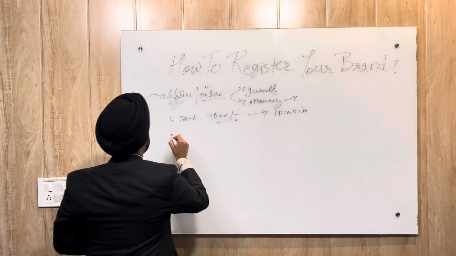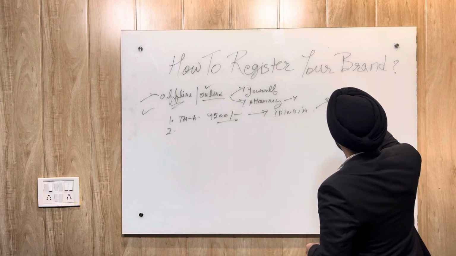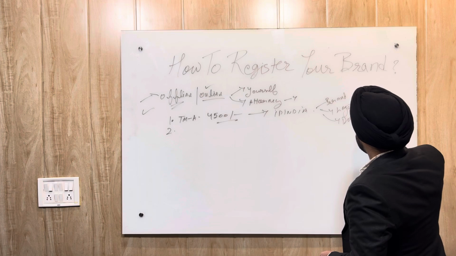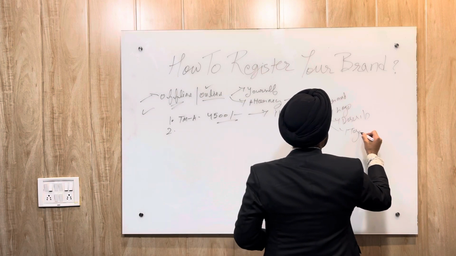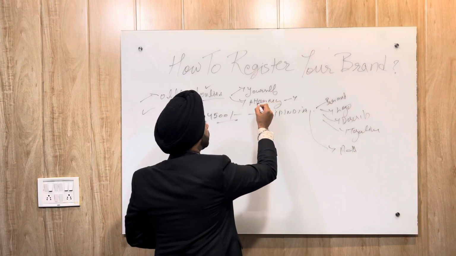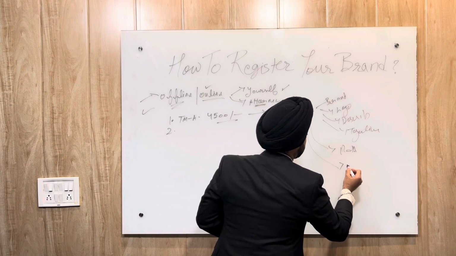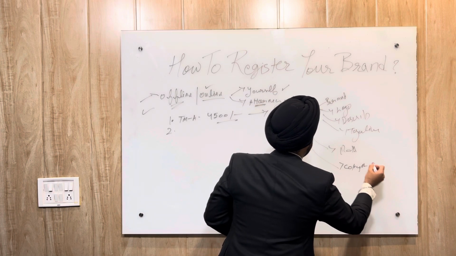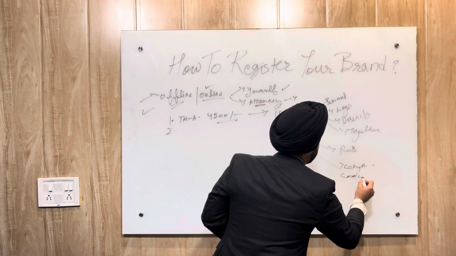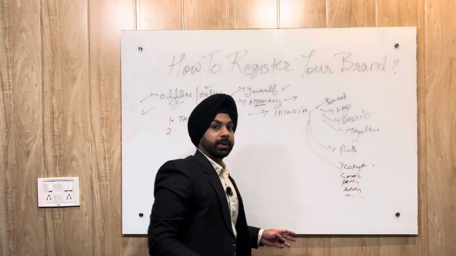Once you have applied, you will attach a few documents, like your brand name, if you have a logo, if you have a description, if you have any tagline, and along with that you will attach a power of attorney if it is being filed through an attorney. If you are filing yourself, you will attach a copy of your Aadhaar and PAN. You also need your email address, phone number, and your proper address and details.